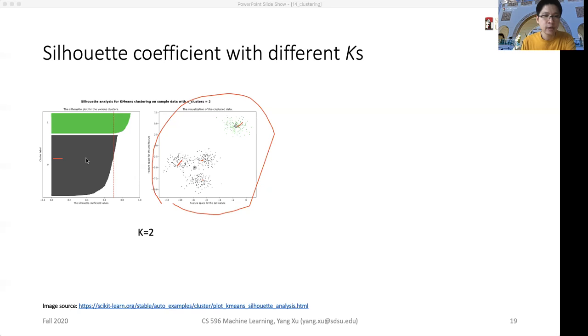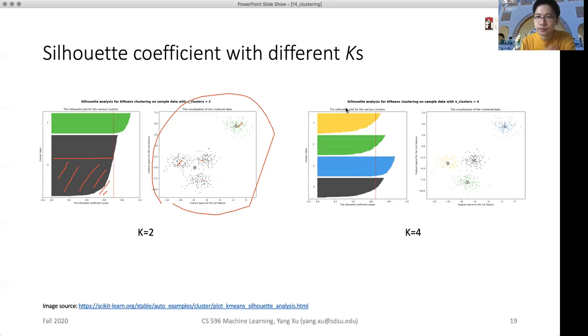We see that a large proportion of the data points have pretty low silhouette scores. And if we use k equals 4, which makes more sense intuitively, then we will see that the overall silhouette score is higher. This part is above the same threshold, and this part is also above.